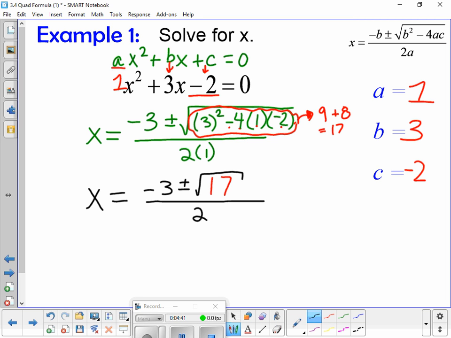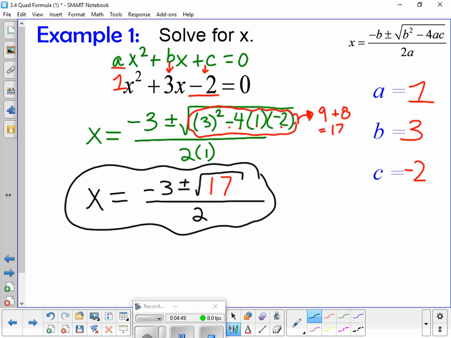And square root of 17, I can't really simplify a root 17 at all, so this will be my final solution. And there are 2 solutions here, please note, and you don't need to necessarily write them separately. I just want to remind you that this is 2 solutions.